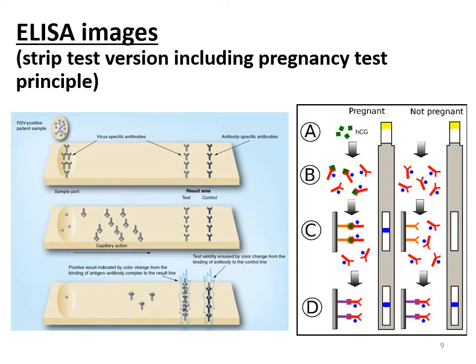So now what you do is you have this strip where one portion of it will have antibodies that are very specific to that HCG. Okay? They get pulled through the strip as the urine sample or whichever fluid sample is going through, and they bind to this area where the antibodies are specific to HCG.